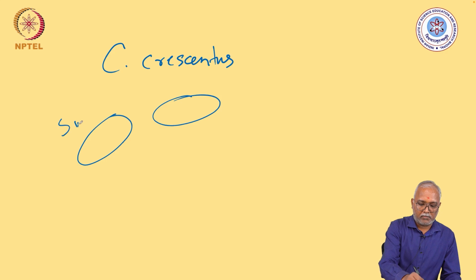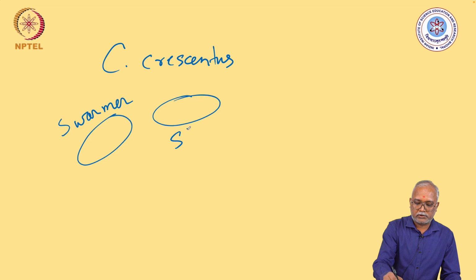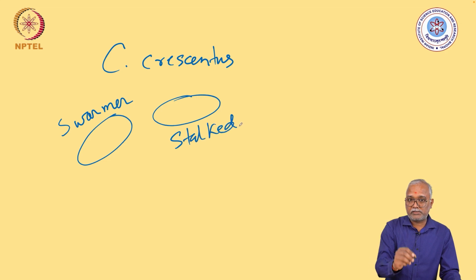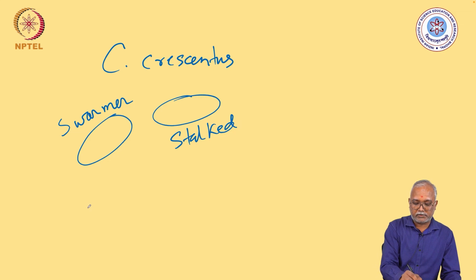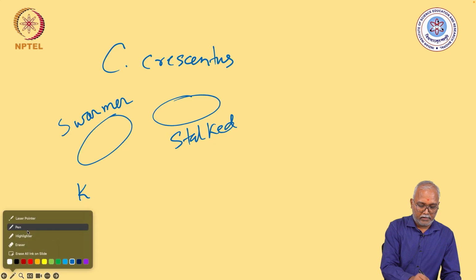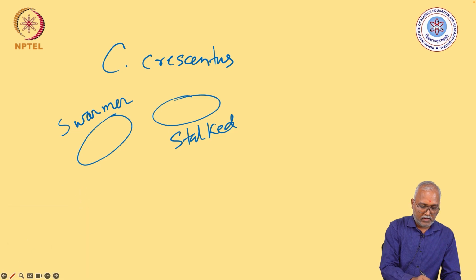One had a swarmer fate and the other one was stalked. And we noticed how two distinct types of two-component system, one which involved the division kinase and the other one which involved the cell cycle regulation kinase.